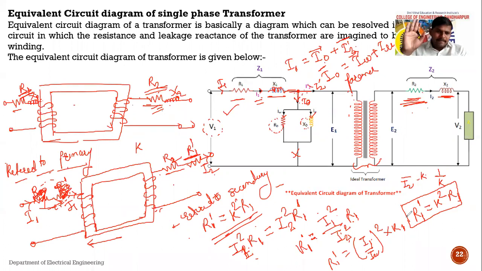Okay, getting? This similar concept is used for reactance, that is X1 X2, and impedance, that is Z1 Z2. Any doubt in this?